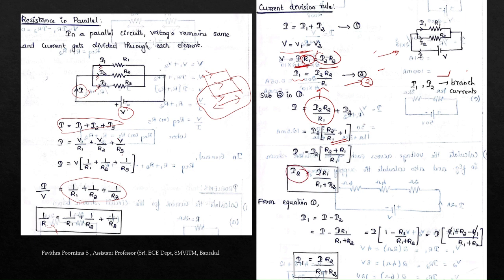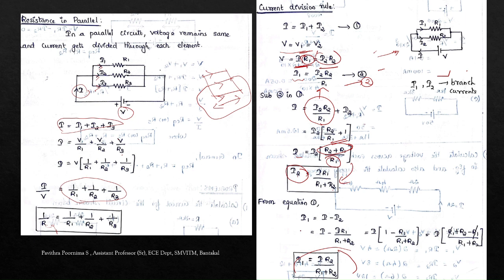Now we get the branch current I2, which is I R1 divided by R2 plus R1. If you substitute this I2 in the first equation, we get I1, which is I into R2 divided by R1 plus R2. Here the suffixes are different: for I2 we get R1, and for I1 we consider R2.